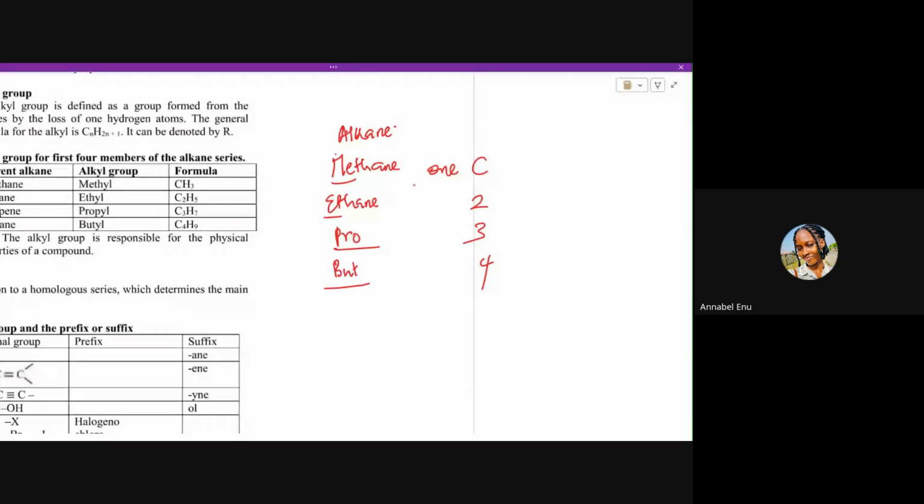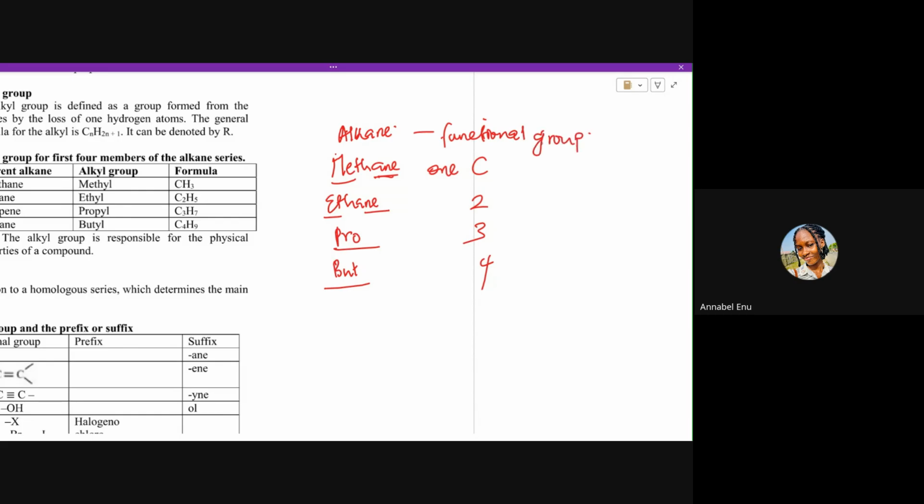But then the end of the name tells you the surname, also tells you what family that homologous series member is coming from. So the "ane" here will tell you, oh, it's an alkane, and it also tells you the functional group that is present there.